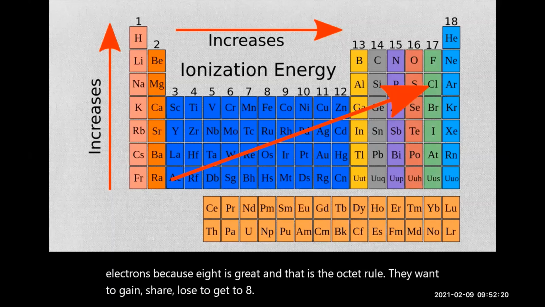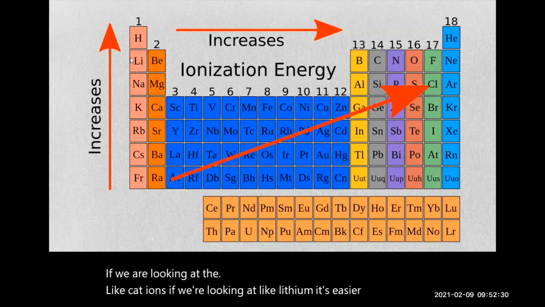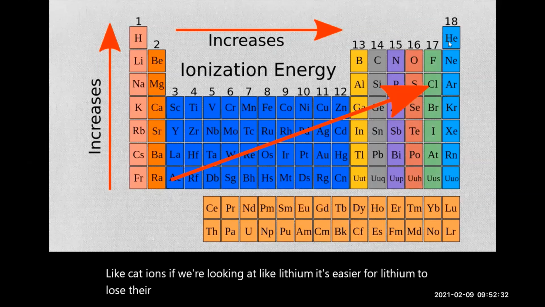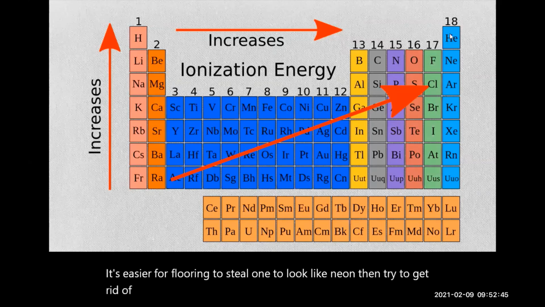If we are looking at cations, like lithium, it's easier for lithium to lose its 1 electron and mimic helium than to gain 7 and look like neon. It's easier for fluorine to steal 1 to look like neon than try to get rid of 7 to look like helium.